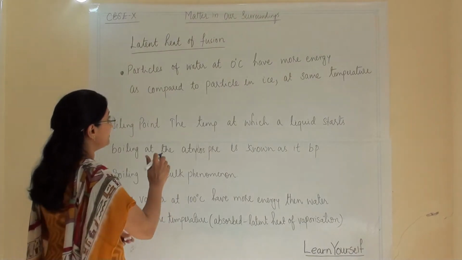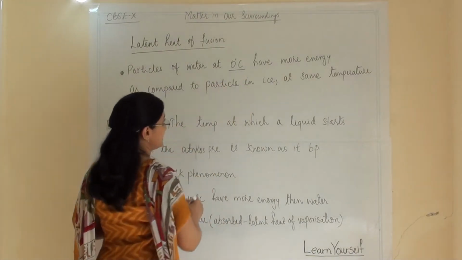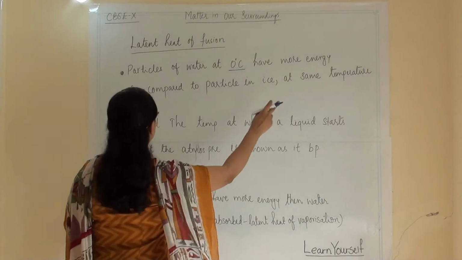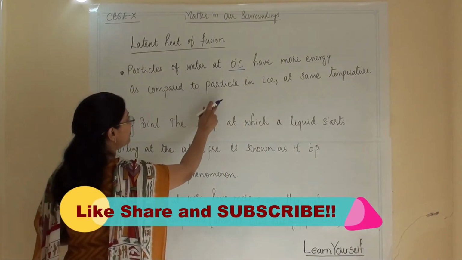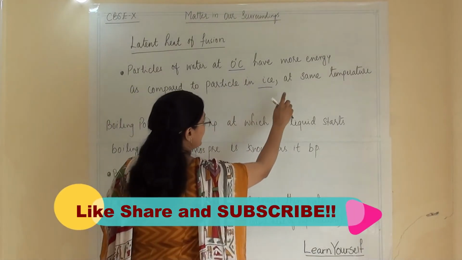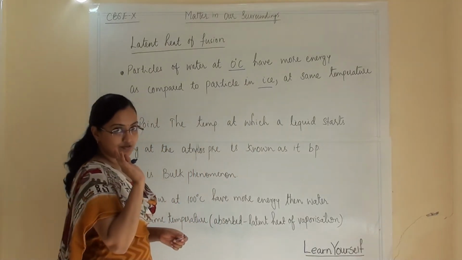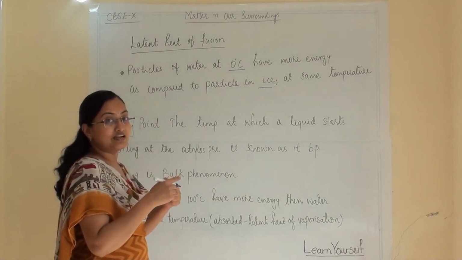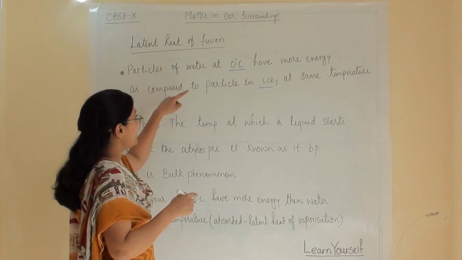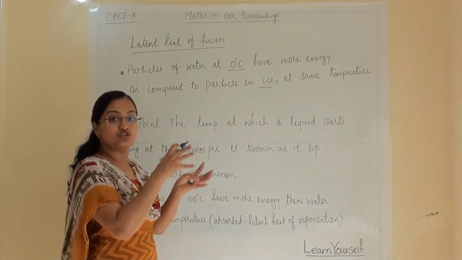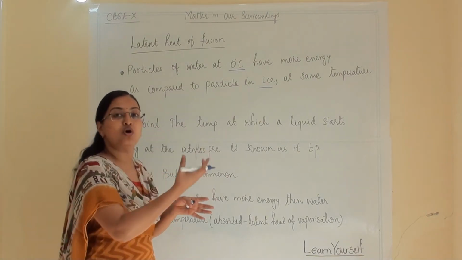Now let us discuss some of the important points in latent heat of fusion. Particles of water at 0 degree centigrade have more energy as compared to particles in ice at the same temperature. Why are we discussing that? Because we are comparing whether solid particles or liquid particles have more energy.